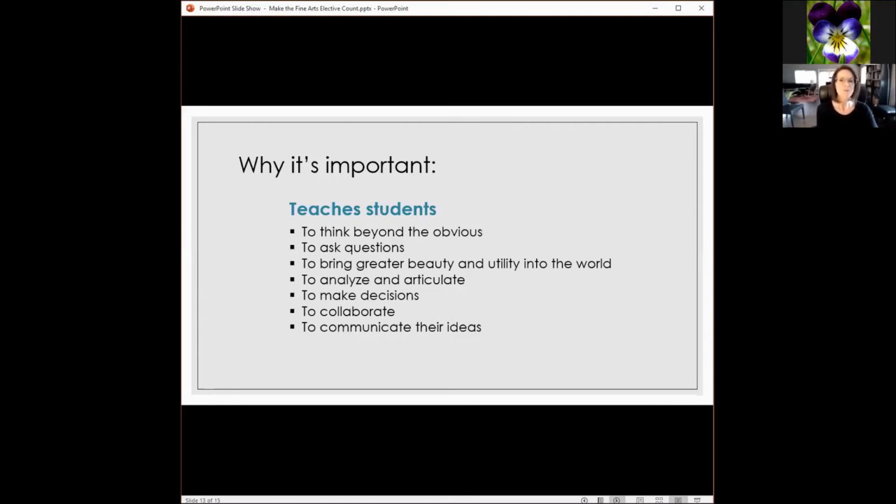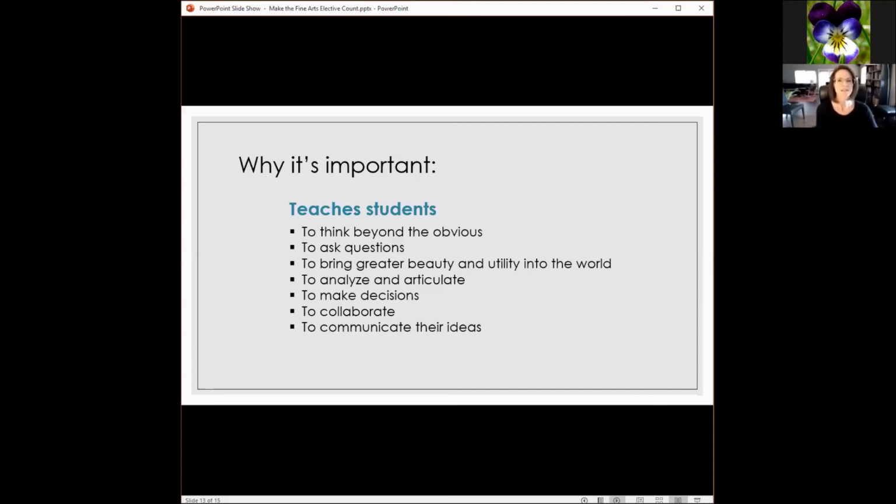It helps our students learn to bring greater beauty and utility into our world. And they can take those skills of analyzing and of articulating a solution, and they can apply those to anything, in any field, any subject area, any challenge that they might face in life.